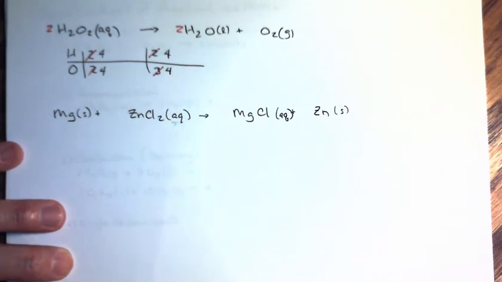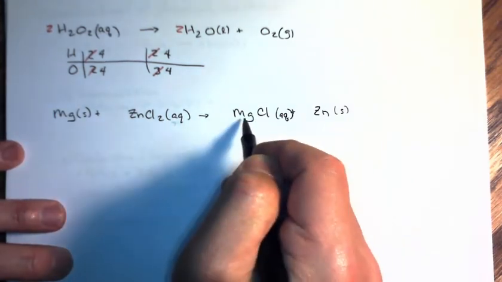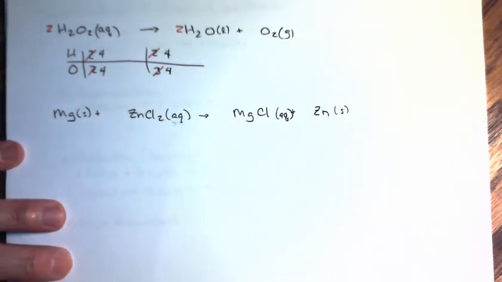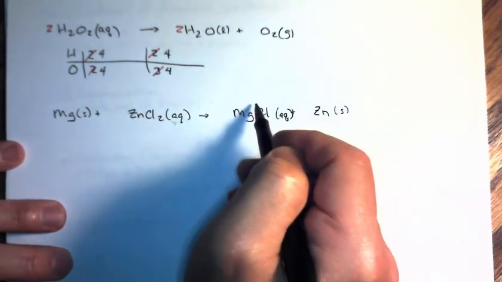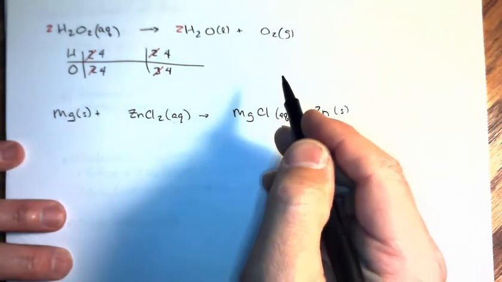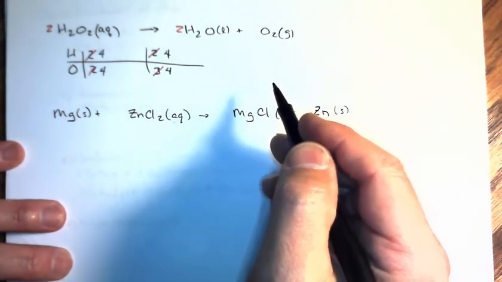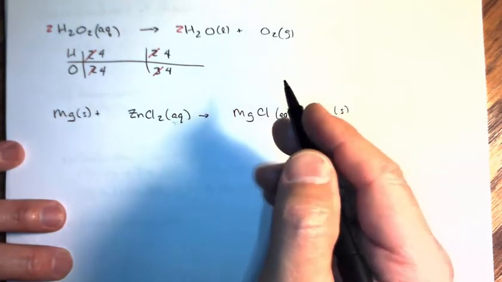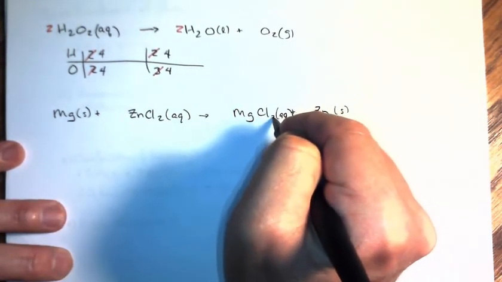What charge will chlorine have in a compound? -1. So, what do I need to do to balance this formula? Yeah, I have to have 2 chlorines. How do I write a compound with 2 chlorines? Don't need parentheses. A lowercase, a 2 down below here, a subscript 2.